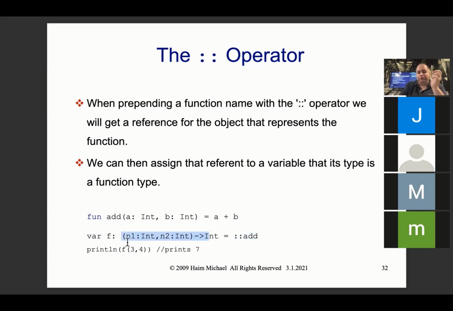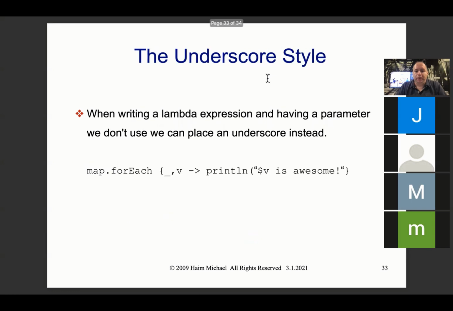And that reference for that object is assigned to f, which means that we can later treat f as if it was a function and invoke that function either using this syntax or by calling the invoke function we showed before. So the two colons operator is also something you should be familiar with.